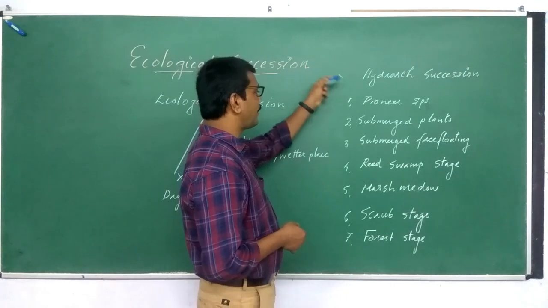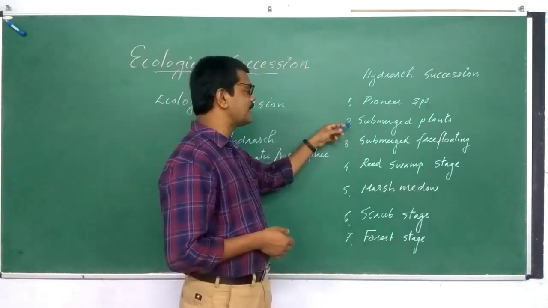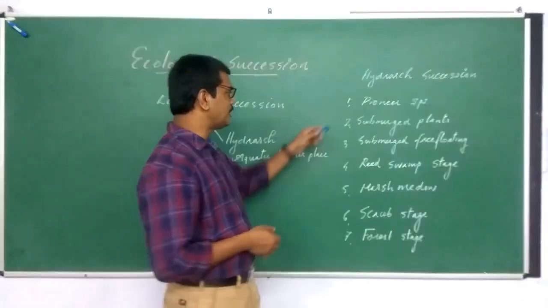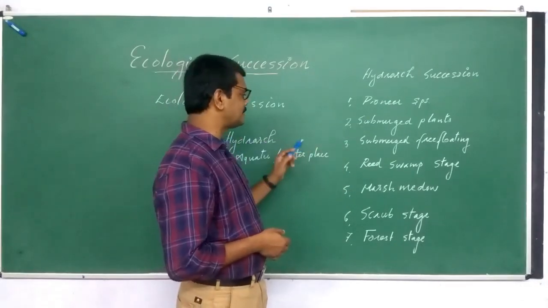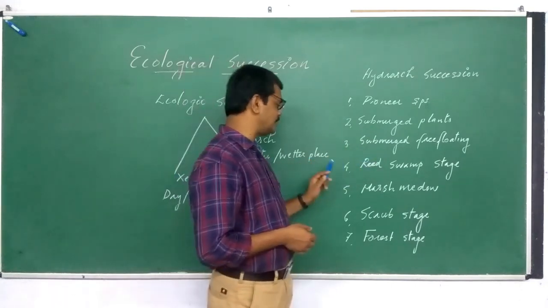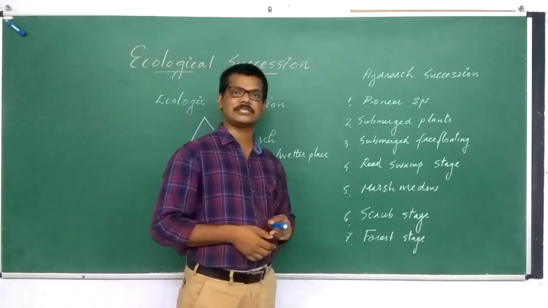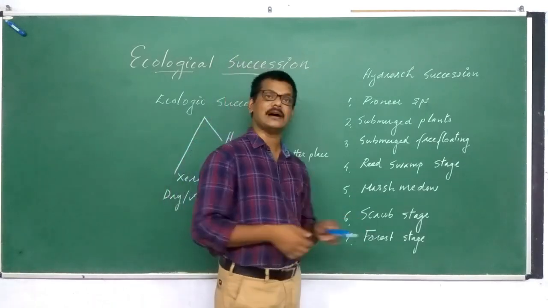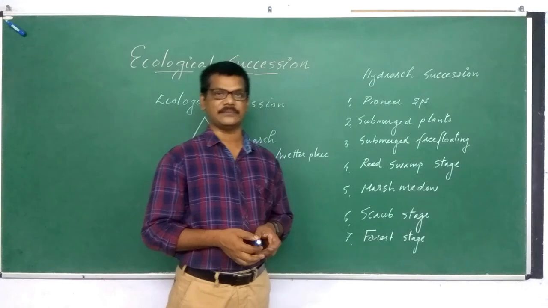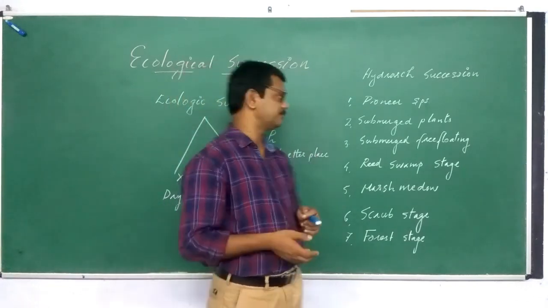Now this pioneer stage is replaced by other seral communities, which include the submerged stage, submerged free floating stage, reed swamp stage, marsh meadow stage, scrub stage, and forest stage. And the forest stage is the climax community, or a stable community that will establish there.